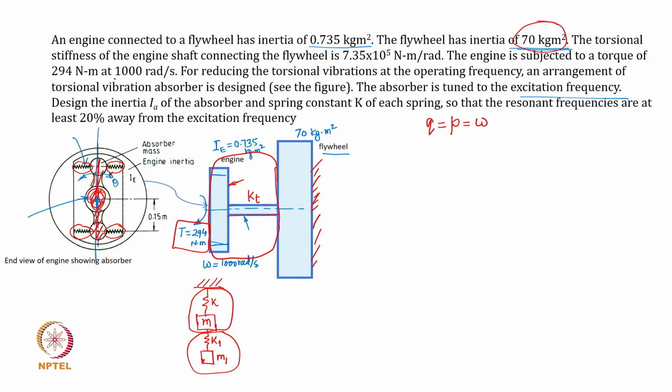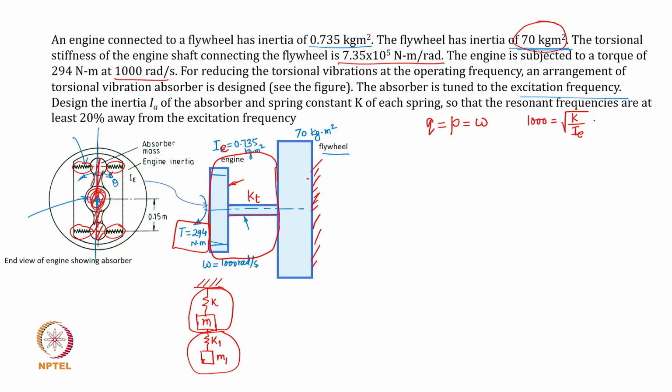Now this omega is already given, it operates at 1000 radians per second. So the moment I know that 1000 radians per second is the omega value, which is to be equated to what? The value of kT. The stiffness of the shaft is also given, 7.35 into 10 raised to power 5 Newton meter per radian. That is the stiffness of the shaft, and that is the parent system, right? So it is K over IE, where IE is the engine inertia.